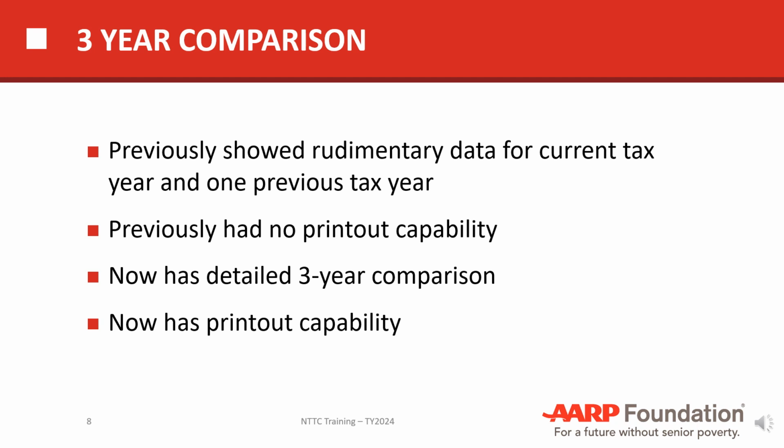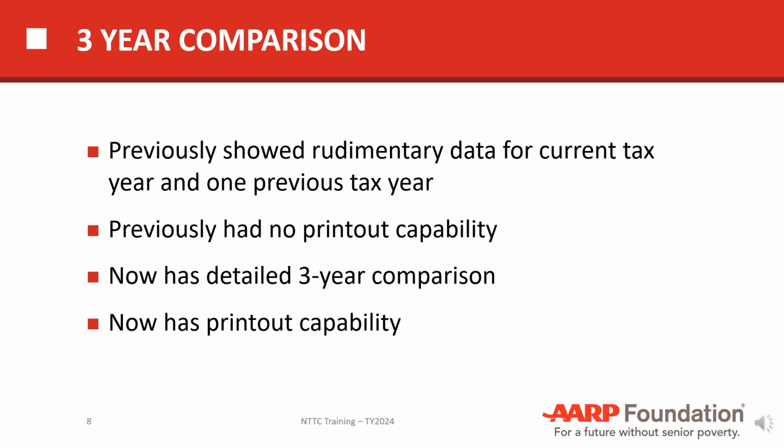So let's assume that you've just finished a particular tax return. Now you want to kind of do a sanity check to see if this whole thing makes sense. So you click on the 3-year comparison. Last year was a 2-year comparison.